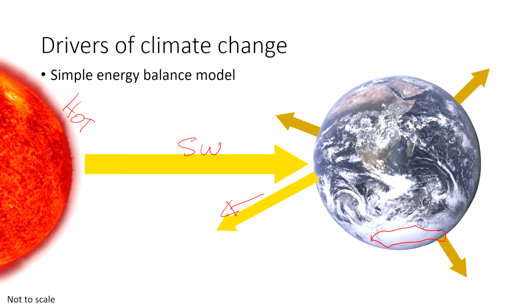But anyway, these are really small compared to the amount of energy coming in from the sun, so we can ignore them because they're not relevant on a global scale.